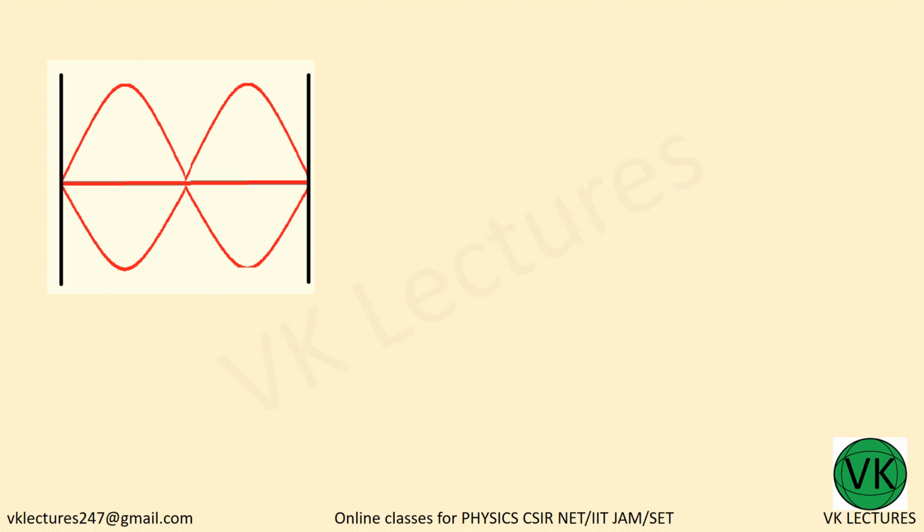Now if n equals 2, we know lambda is equal to 2L divided by n, which is 2L divided by 2, that is equal to L. So the wavelength lambda is equal to L. n equal to 2 means this is the first overtone.